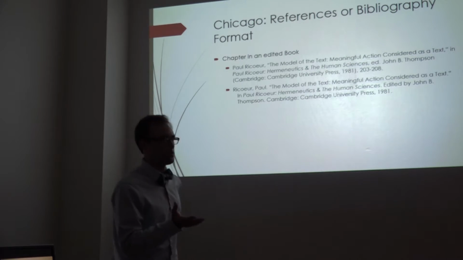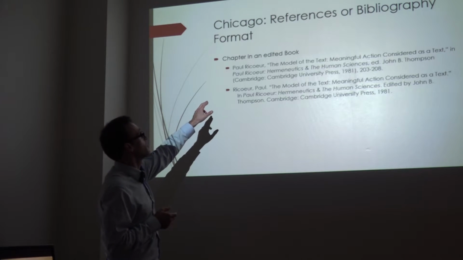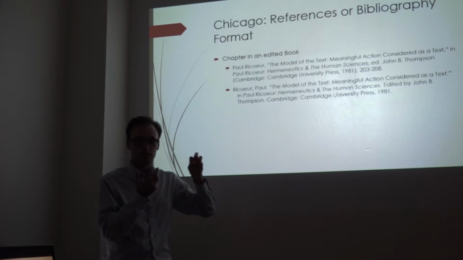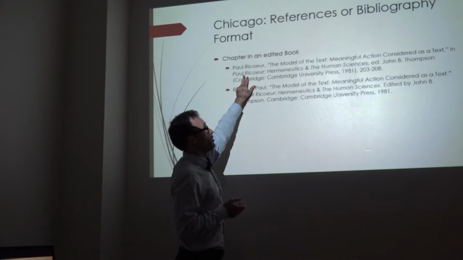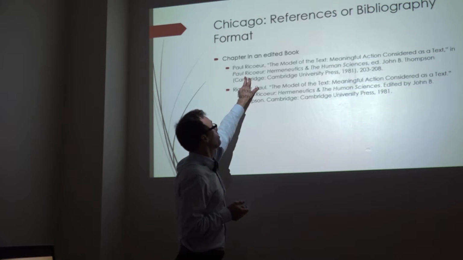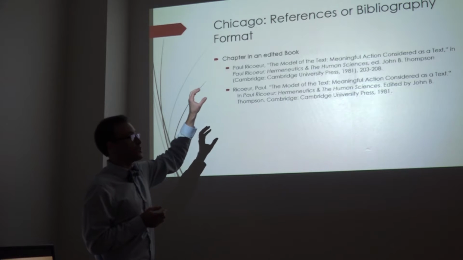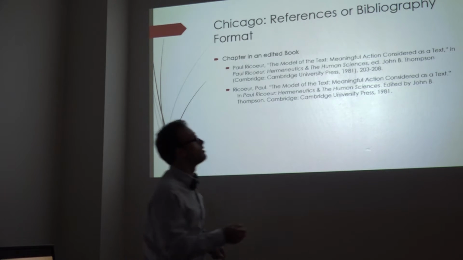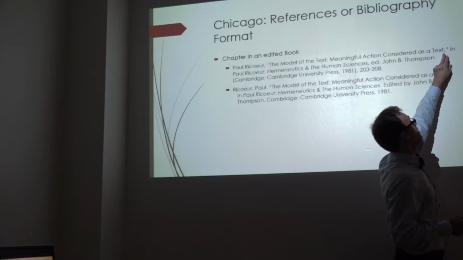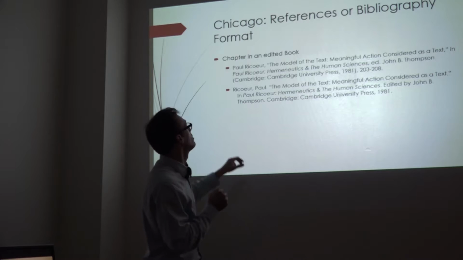Other types of things you'll encounter: chapter and edited book. So everything follows the same formula. If it's a chapter in a book, so Paul Ricoeur, comma, the name of the chapter that you're referring to in quotes, commas within the quotation marks.